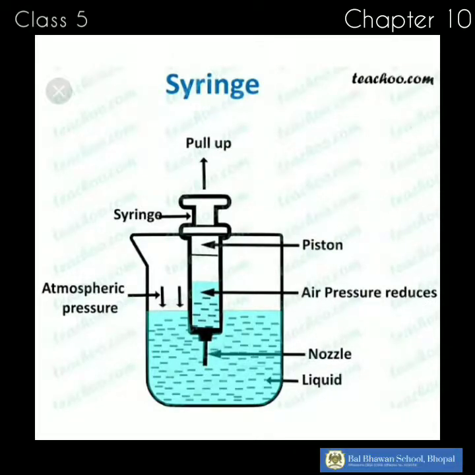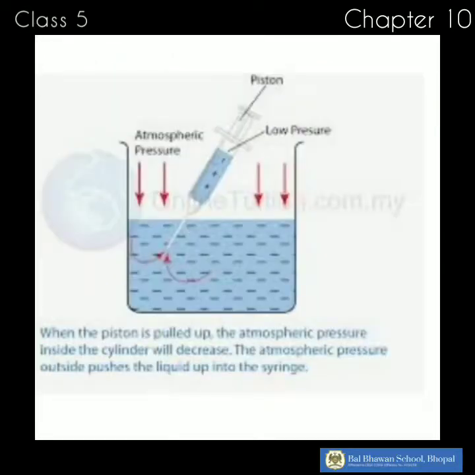Now next is how we fill medicines in a syringe. Now you know that syringes have a piston. When you pull the piston, air pressure inside the syringe reduces and atmospheric pressure is more. Now the liquid, as it is having more atmospheric pressure, will move from the container into the syringe. When the piston is pulled up, the pressure inside the cylinder will decrease.